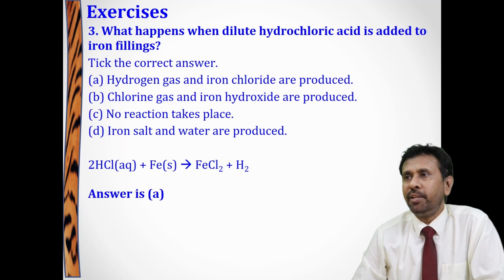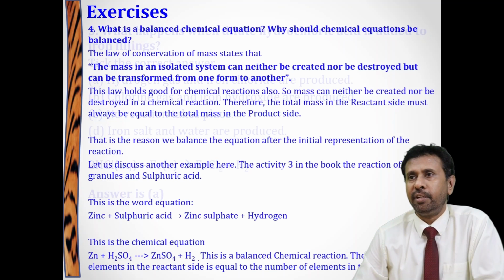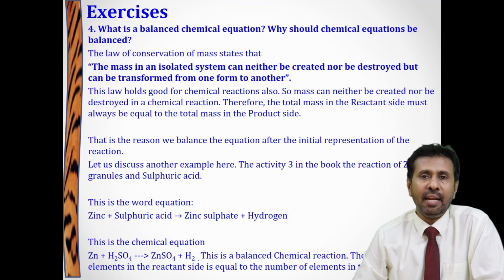What happens when dilute hydrochloric acid is added to iron filings? HCl plus iron gives FeCl2 plus H2. So the option is hydrogen gas and iron chloride are produced. Answer is A. That's right, and this is the reaction. It's self-explanatory. And what is a balanced chemical equation? Why should chemical equations be balanced? We already know the answer for this.